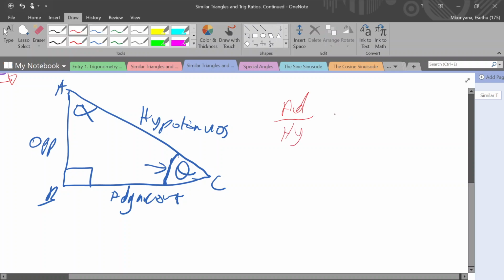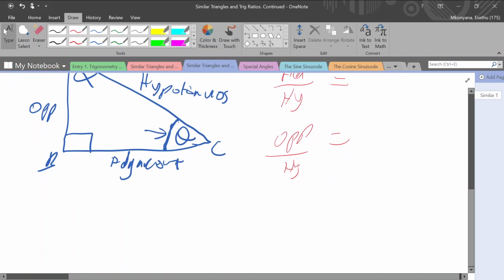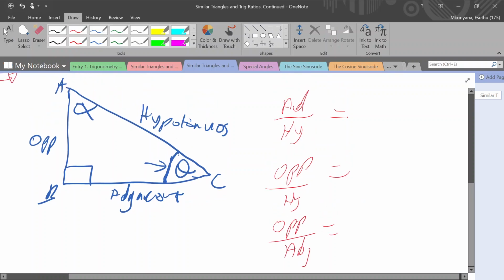That's the first ratio. Then we have the opposite, and we divide it again by the hypotenuse. That's the second ratio. The third combination, we've combined almost every side, but we will combine this and this: the opposite side over the adjacent side. And then that actually gives us a value.